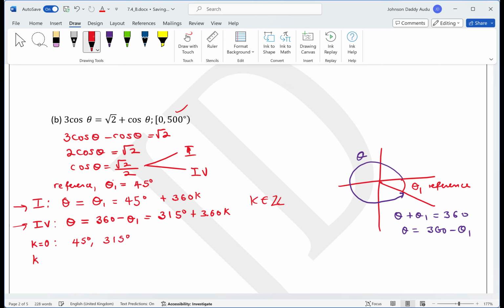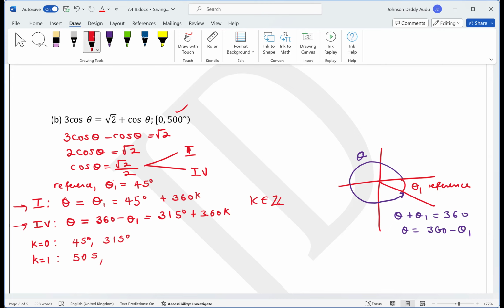Then we can increase k to k equals 1. If k is equal to 1, you see here, you will have 45 plus 360, which will be 405, which is already more than 500? Hmm, no, 405 is within.